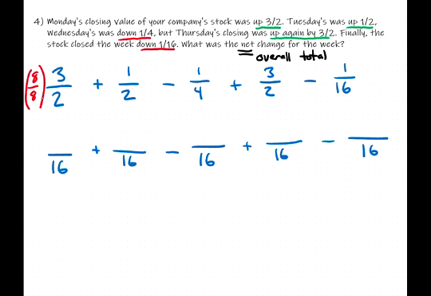We're using 8 because we need an 8 on the bottom. 8 times 2 is the 16 that we need. And so whatever you do to the bottom, you have to do to the top. So 8 times 3 on top will give you 24. Next fraction, over 2. That 2 needs to be a 16, so we'll hit it with another 8/8. So top times top, 8 times 1 will be 8. The next fraction, we need to change that 4 to a 16.